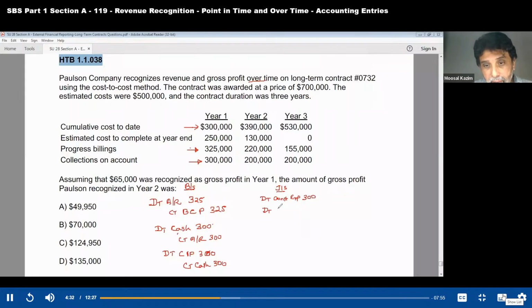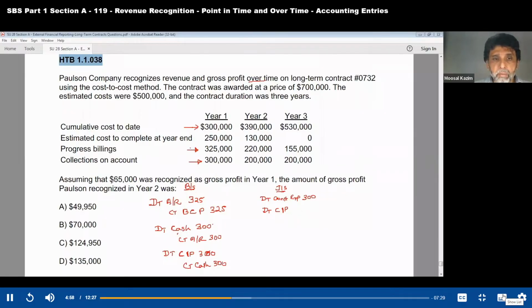Debit CIP. Now, this is the difference between an ordinary inventory account or an ordinary work in process account and the construction accounts, because the profit is also debited to the CIP account. Otherwise, the CIP construction in progress account is sort of like a work in process account. Okay, but here the profit is also debited to CIP.